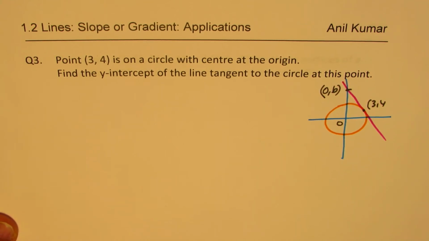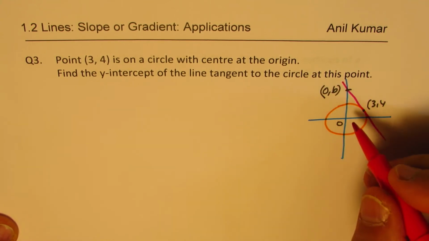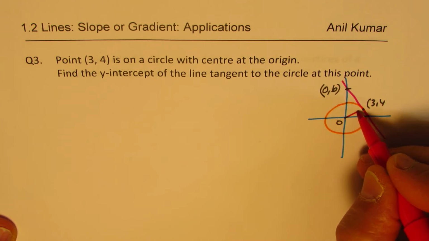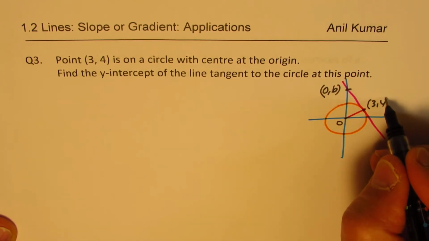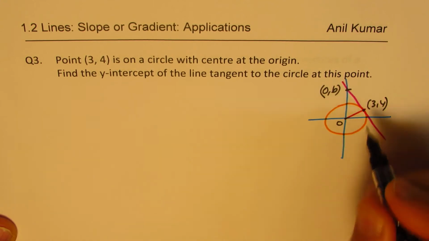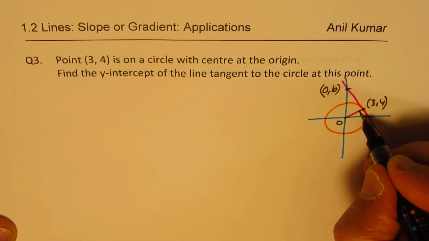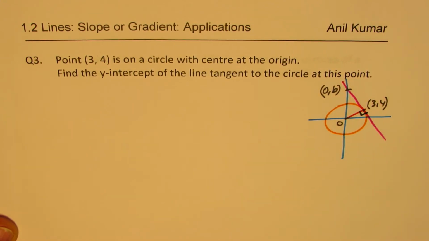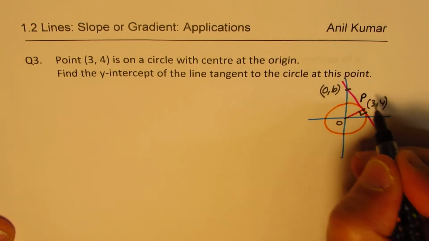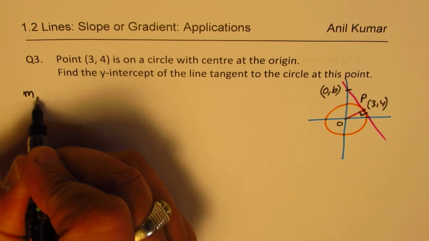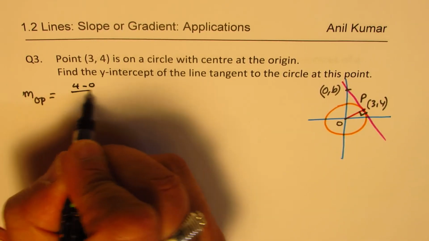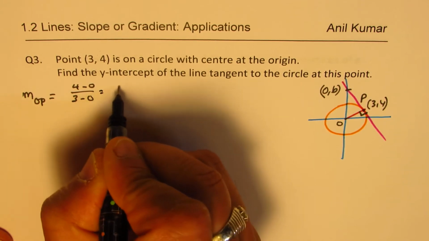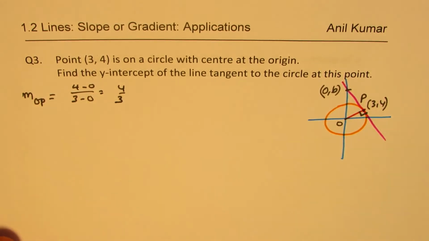Now the important thing to understand here is that if I join O with the given point at 3, 4, then what we know here is that this tangent is at right angles, right? So what we'll do here is, let's call this point P. So we'll find the slope of OP, which is 4 minus 0 over 3 minus 0, which is 4 over 3.